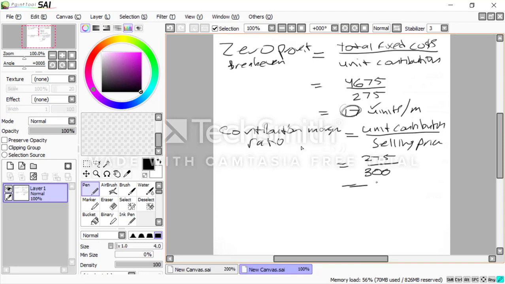This comes to 0.9167. So this ratio is just showing the ratio from unit contribution to selling price. So on each job, what amount of the profit can be put back into the company. This can be used to pay off fixed costs, etc.